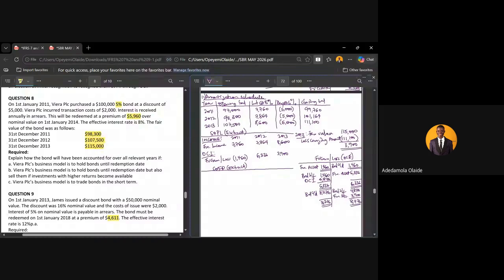Because if we have it on the credit side here, it means we are debiting it, and debit means an expense, which is not the case. So our OCI should have been 4876. So if that is the case, this now represents our closing balance.